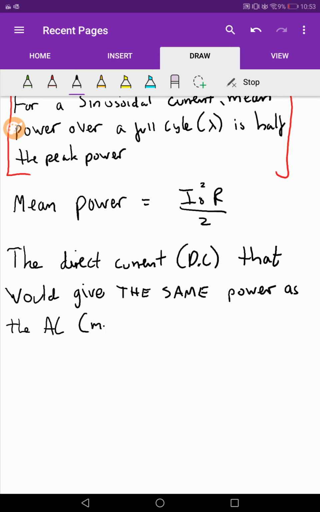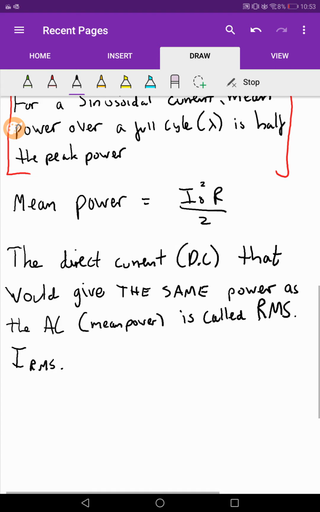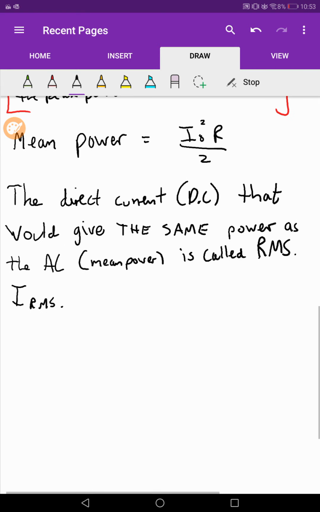So the direct current that would give the same power as the AC is called RMS, and it's denoted IRMS. So the direct current DC will give the same power as the AC, mean power, called the RMS.